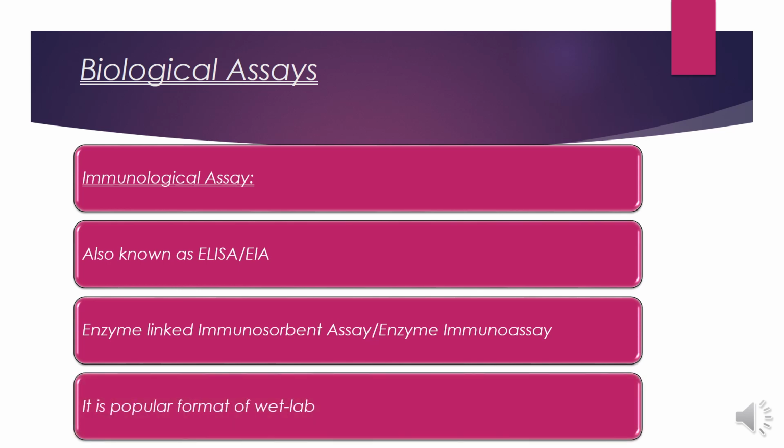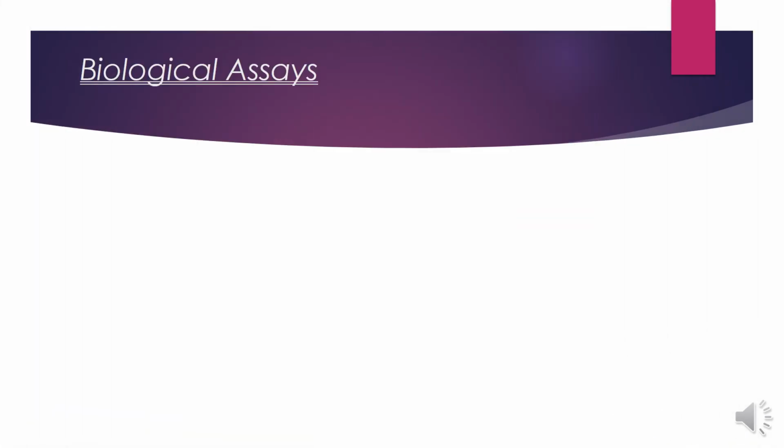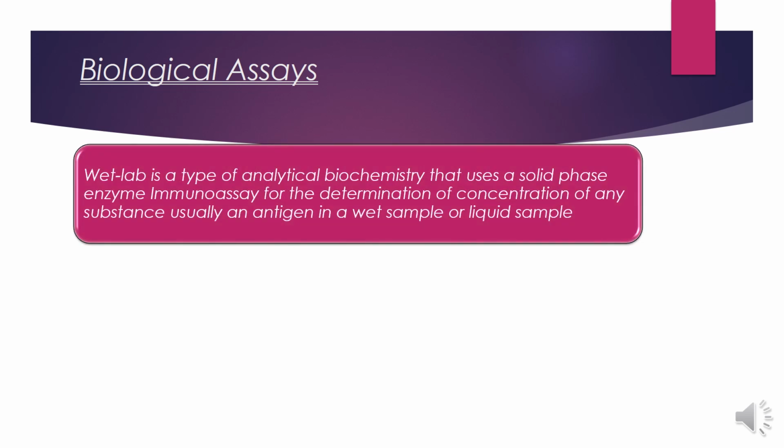It's a popular format of wet lab, a type of analytical biochemistry that uses a solid phase enzyme immunoassay for determination of the concentration of a substance, usually an antigen, in a wet sample or liquid sample.